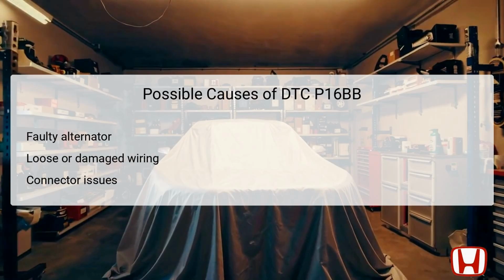Additionally, faulty connectors can hinder proper electrical connection, leading to irregular voltage signals reaching the PCM. These issues each result in an inability for the system to maintain the required power supply to charge the battery effectively and power the vehicle's electrical components.